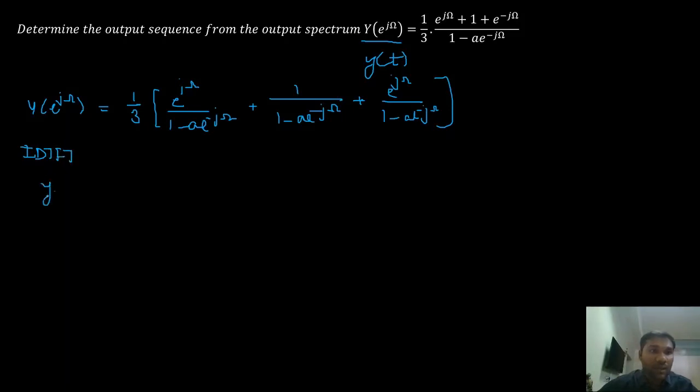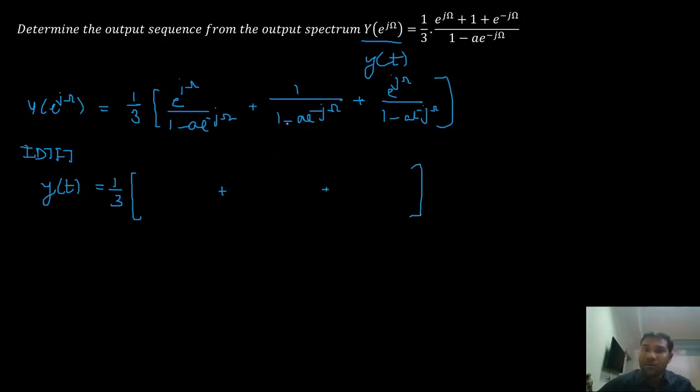So on the left hand side I have y of n, and here 1 by 3. If you look at this, I can apply inverse DTFT for each term separately and then add, as simple as that. So I have 3 terms here.